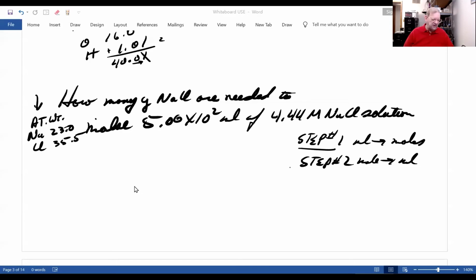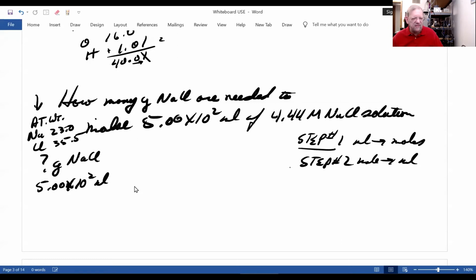All right, question is, how many grams of sodium chloride? Remember, please pass the NaCl. So we're trying to find grams of sodium chloride. What are we given? How many milliliters? What are we also given? We're given this, and as soon as you see capital M with a number and a chemical formula, that's molarity.